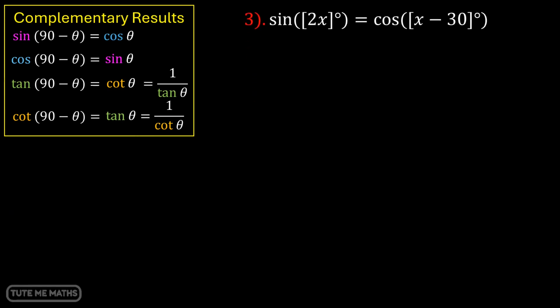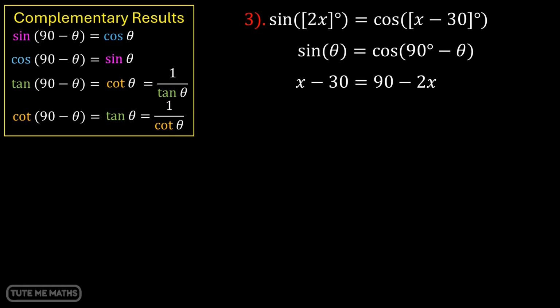In example 3, you will need to solve a simple equation once you establish the correct relationship. We know that sine theta must be the cosine of 90 minus theta, so the 2x must be the complement of the x minus 30, meaning that x minus 30 will be equal to 90 take away 2x.